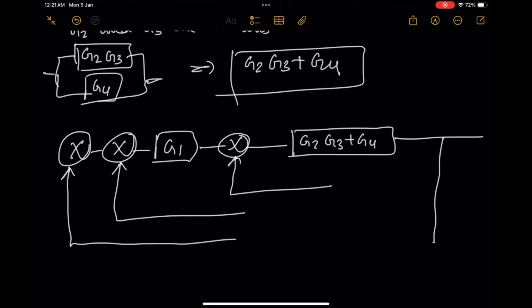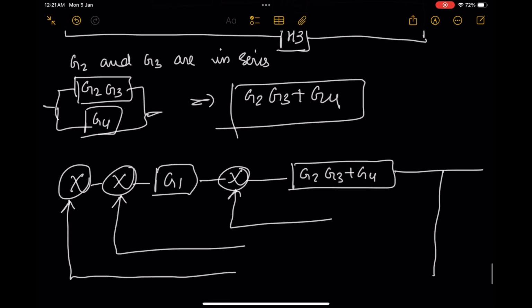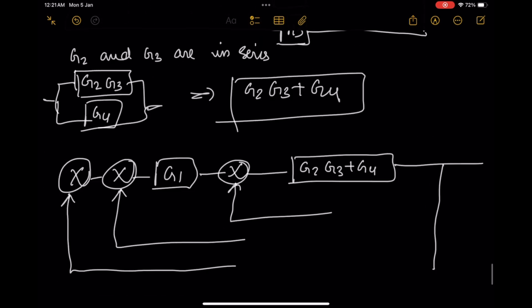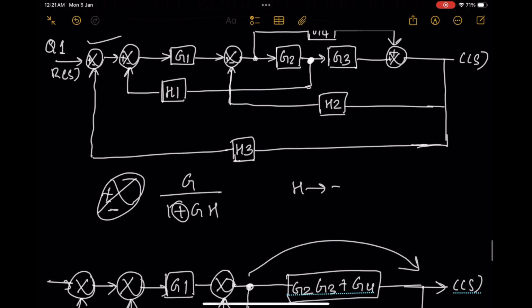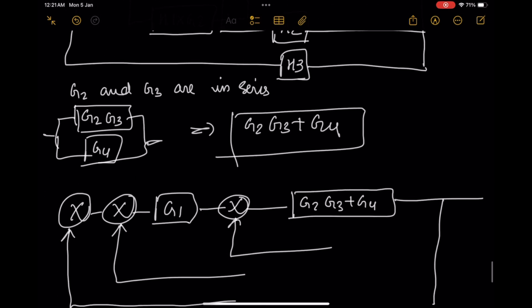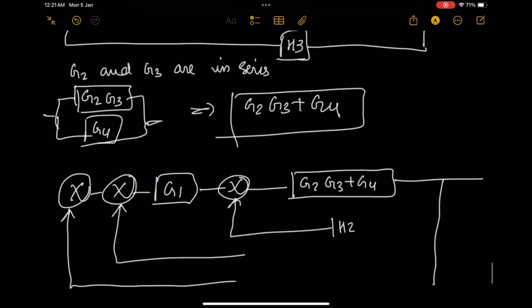We have the innermost loop, that is, let me check the question again. Okay, it has H2 as the inner loop. That's fine. So it is H2 here, same as before, no change.